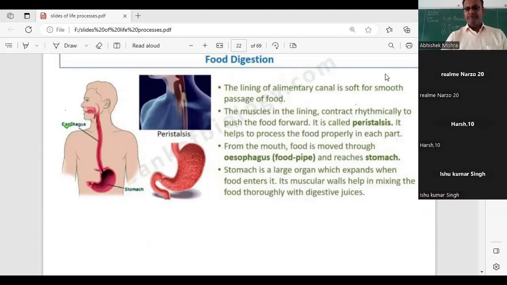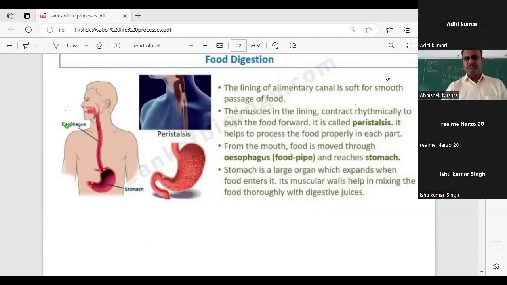Okay, Aditi, very fast. Unmute yourself, Aditi. Now the food has entered the stomach. The stomach has gastric glands that secrete gastric juice. This gastric juice contains HCl, mucus, and pepsin.